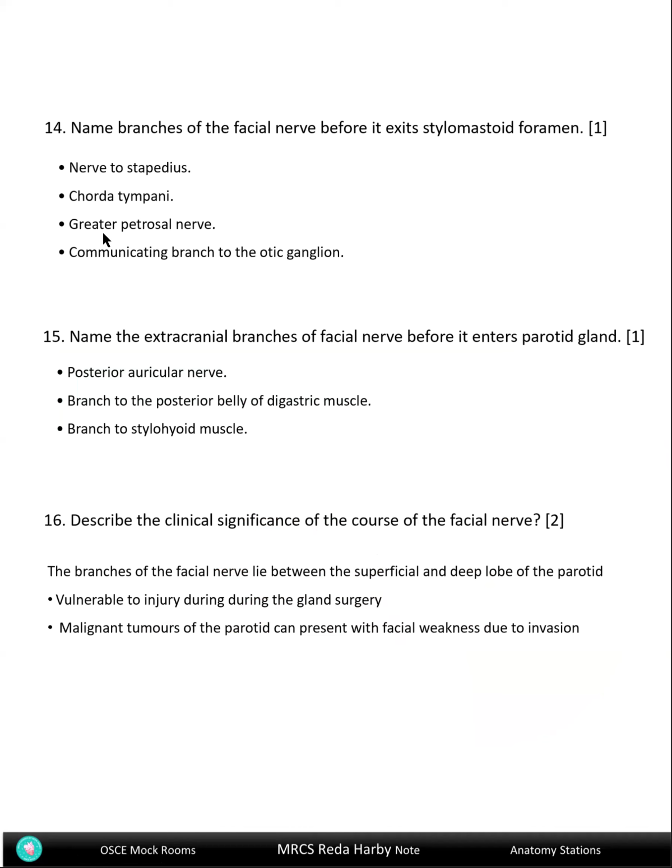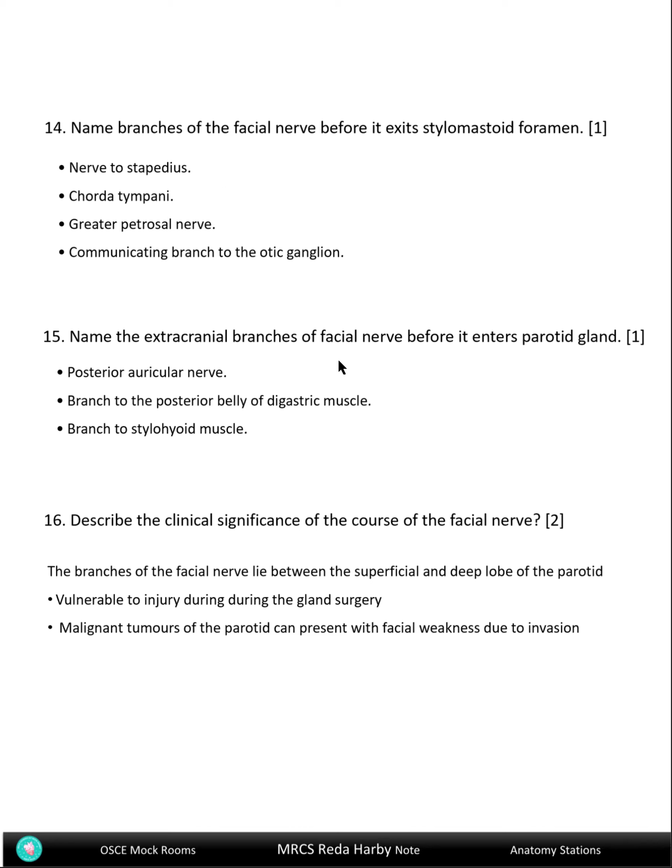Again, nerve to stapedius, chorda tympani, greater petrosal. And what is the significance? If I told you there is a fracture around the stylomastoid foramen, there will be no hyperacusis because the nerve to stapedius already left the facial nerve before its exit from this foramen. So there will be no hyperacusis. This nerve will not be affected. There will not be any taste change in the anterior 2/3 of the tongue because this nerve is not affected. Okay.